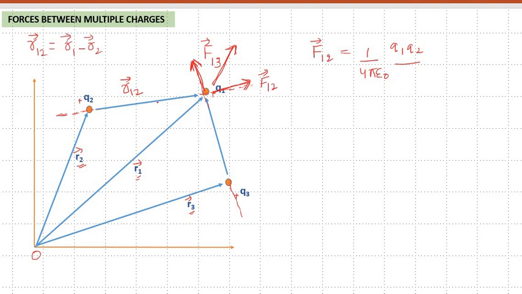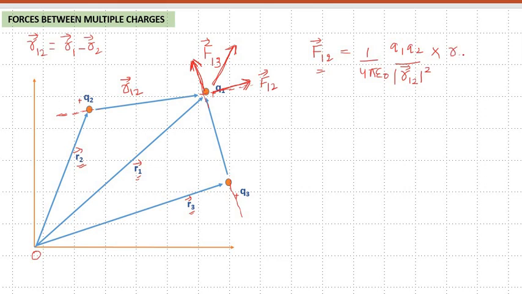The direction of R12 and F12 are the same, right? So F12 is 1 by 4 pi epsilon 0 Q1 Q2 upon the distance between Q1 and Q2, which is the modulus of the R12 vector, whole square. Since this side is a vector, we need to assign a vector over here, that should be a unit vector.